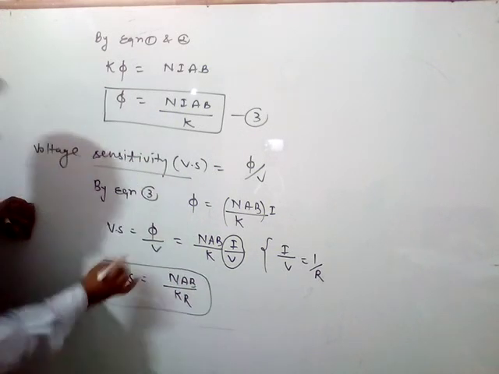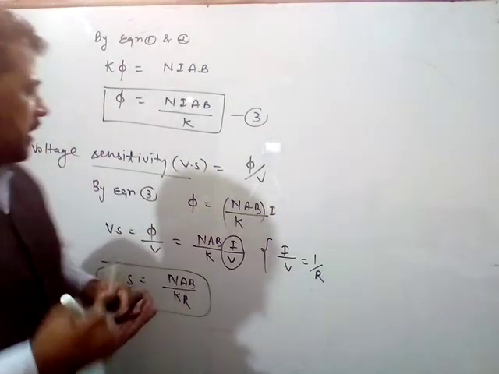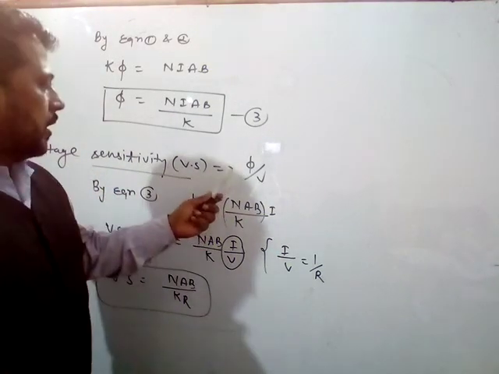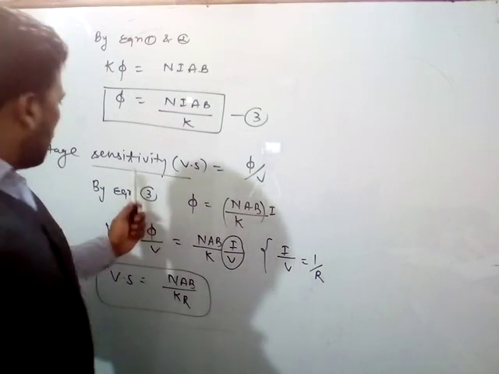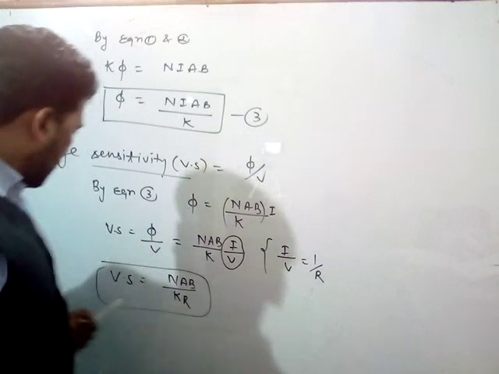This is the formula: the deflection in the MCG per unit voltage is called voltage sensitivity.